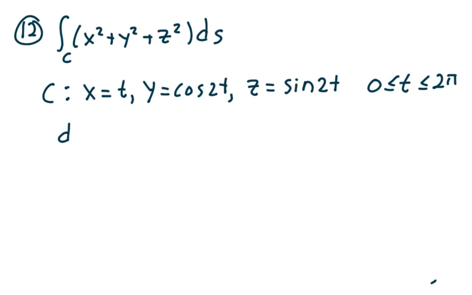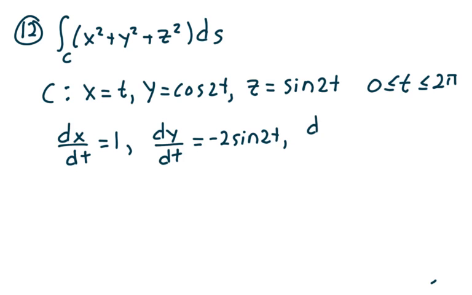Well, dx dt is equal to 1. dy dt, by the chain rule, you guys, is negative 2 sine 2t, and dz dt is 2 cosine 2t. And so that's going to allow me to get ds.